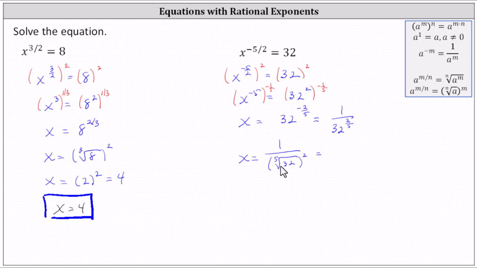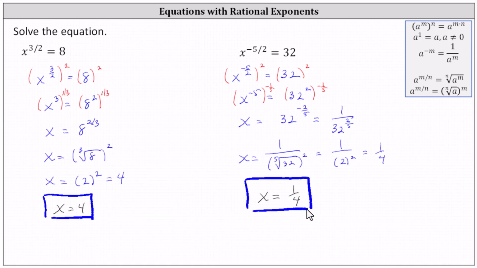Because 2 to the 5th equals 32, the 5th root of 32 is 2, giving us 1 divided by the square of 2, which equals 1/4. Again, we have one solution, and the solution is x equals 1/4.